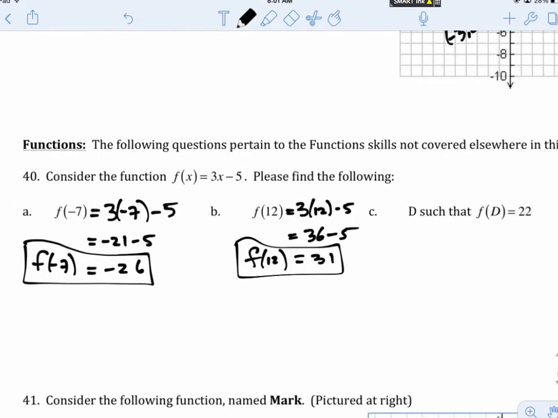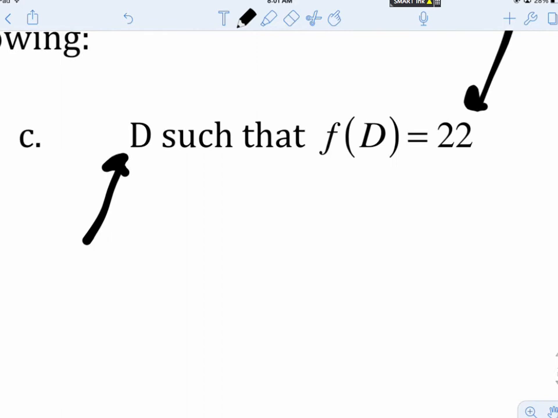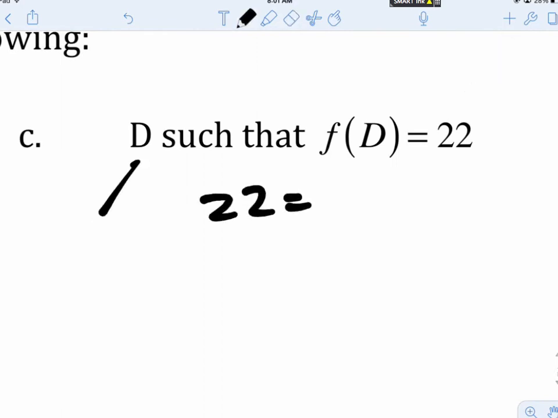Now this last problem is asking us a slightly different question. It's saying, imagine there was some mystery input D that we don't know what it is, but that input gave an output of 22. What is the input? Well, if 22 is the output and D is the input, we know what the rule is. The rule says multiply the input by 3 and subtract 5.